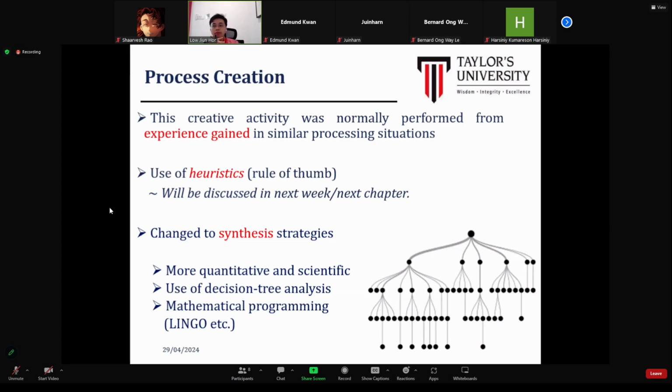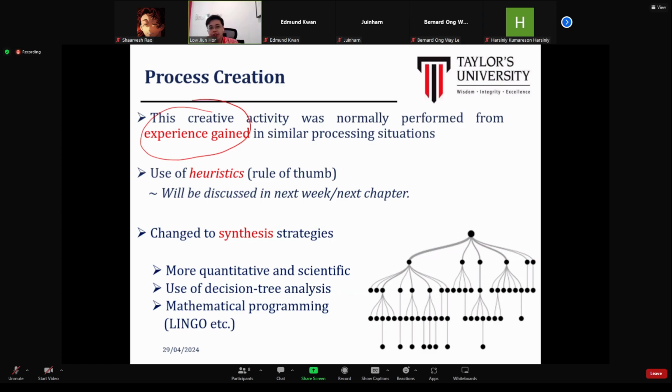And most of the time, all the decisions that we make in our chemical plant design mainly depend on our experience. So that's why it's important, and it's good if we can involve some very experienced chemical engineers in our design group to support us and work together to come up with a chemical plant.